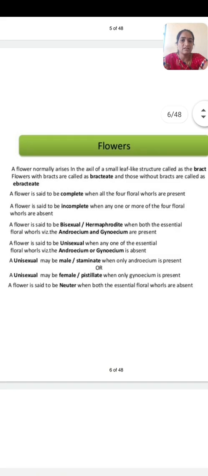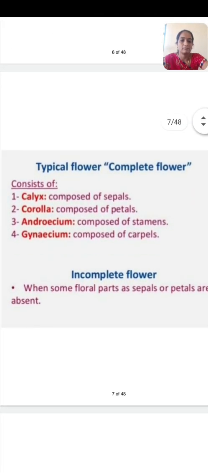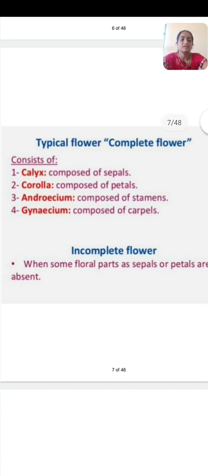Here are certain terms about flowers. Typical flower: it consists of calyx, corolla, androecium and gynoecium. If all these floral whorls are present in a flower, then that flower is known as a complete flower.